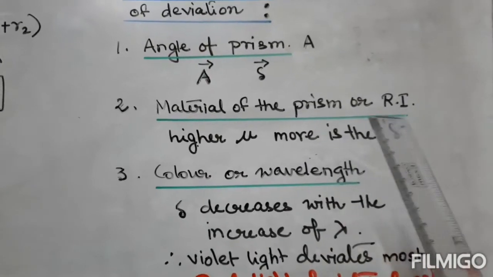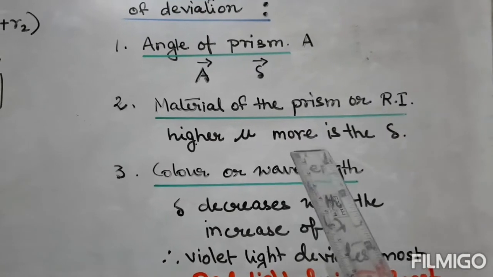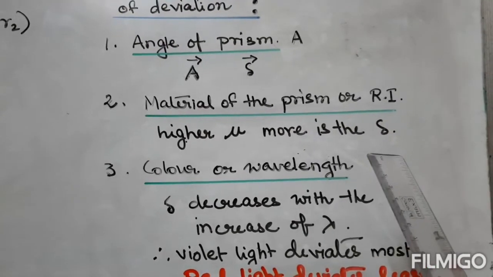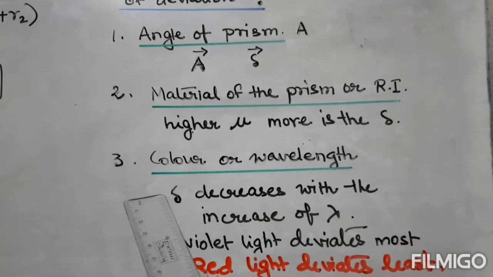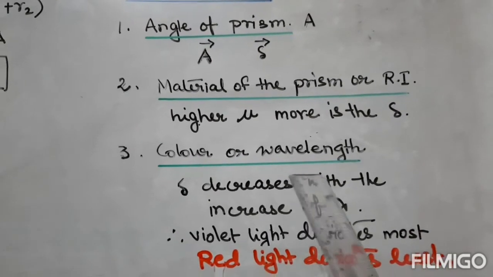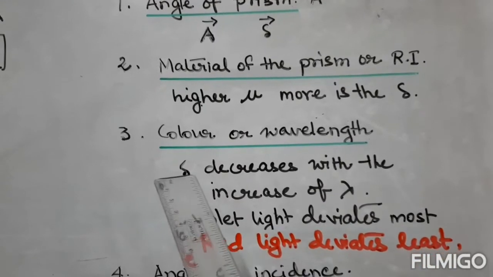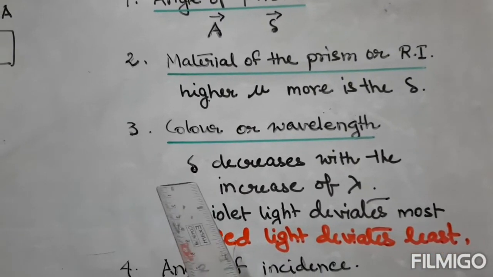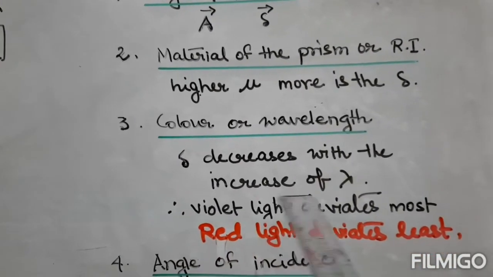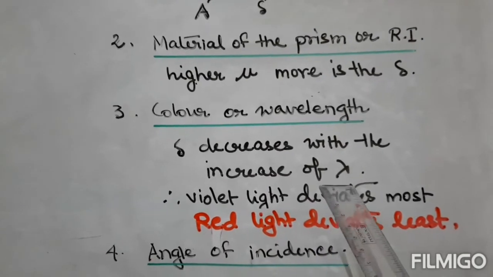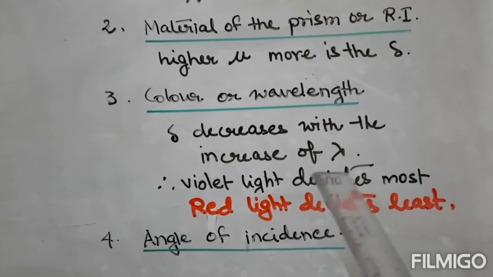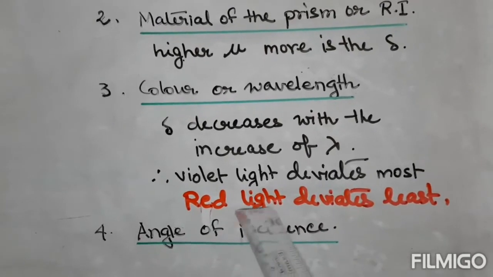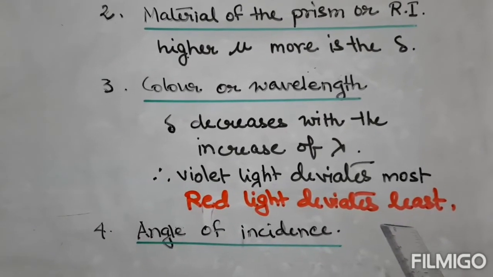Higher the refractive index, more is the angle of deviation. Third factor, color or the wavelength. Angle of deviation decreases with the increase of wavelength of light. Violet light deviates the most, whereas red deviates the least.